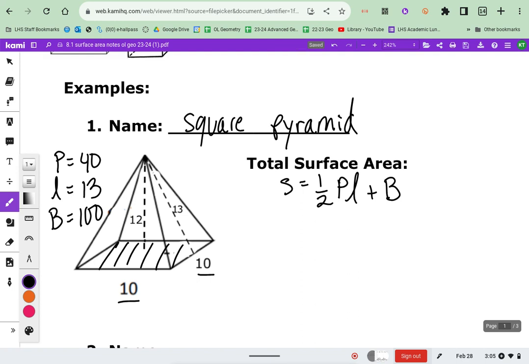So now we'll just plug in. S equals 1/2 times 40 times 13 plus 100. And we'll just type it into our calculator.